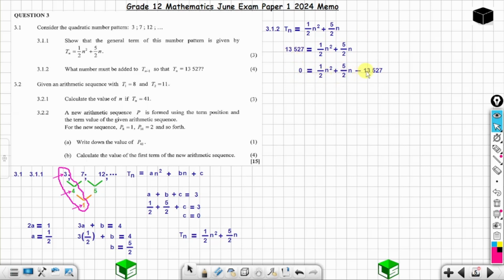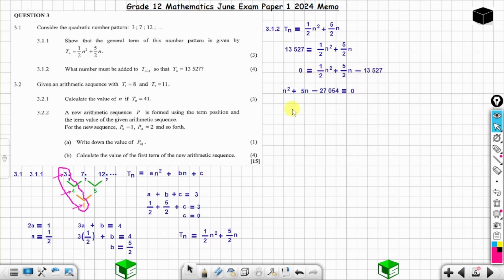You can multiply by 2 throughout so that you can get rid of the 2 in the denominator. So by 2, you have n squared plus 5n minus this, which is equal to 0.